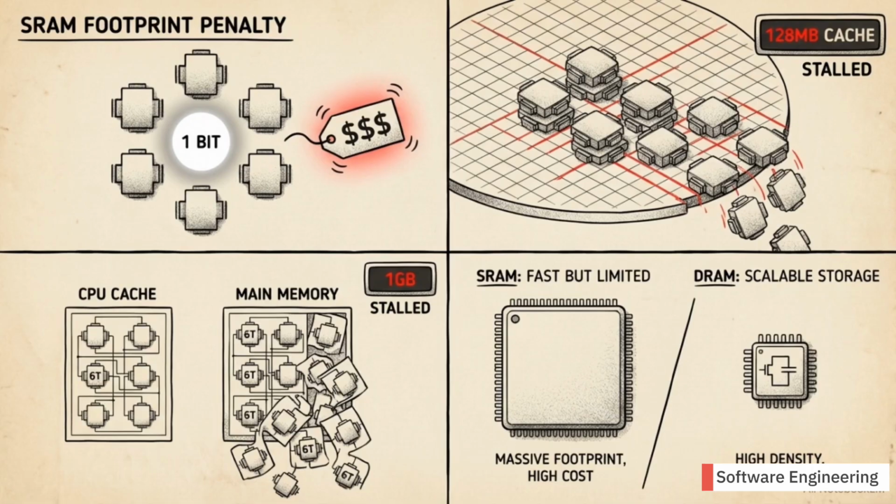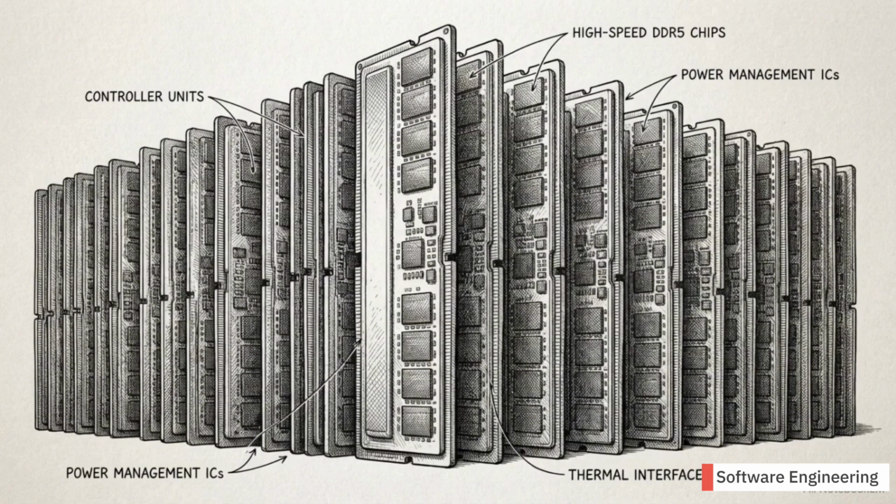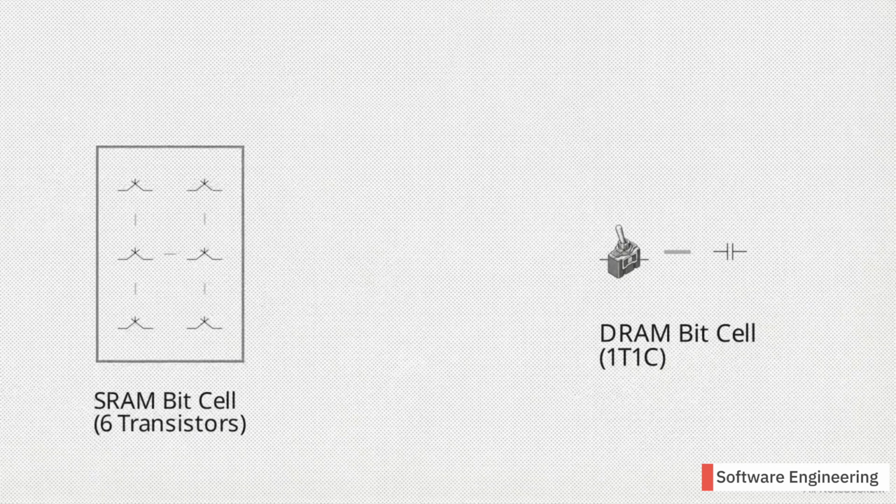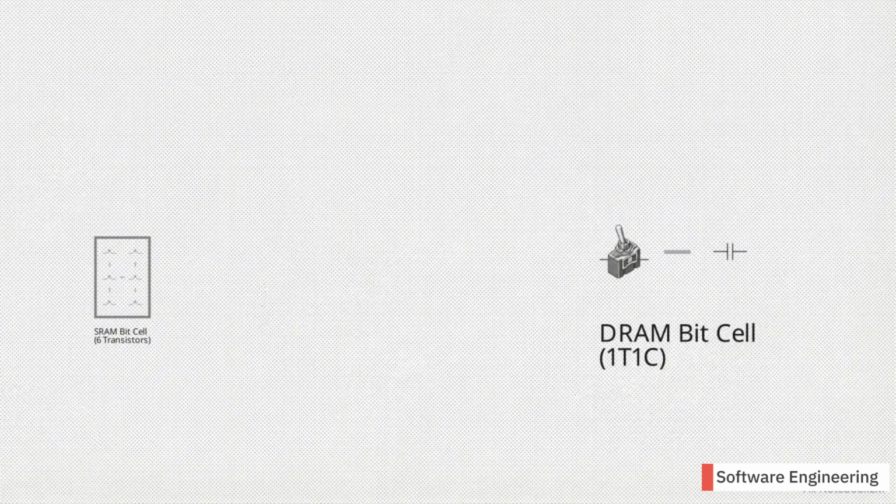While the 6T architecture provides the extreme speed required by a CPU core, its sheer physical size makes it impossible to scale up for gigabytes of main memory. To achieve the bulk capacity needed for main memory, the hardware industry uses dynamic RAM, or DRAM. DRAM drastically reduces the cell size. It replaces the 6 transistors with just 1 transistor and 1 tiny capacitor.